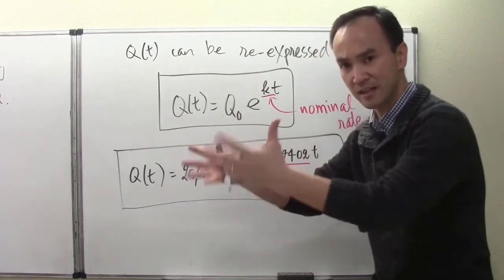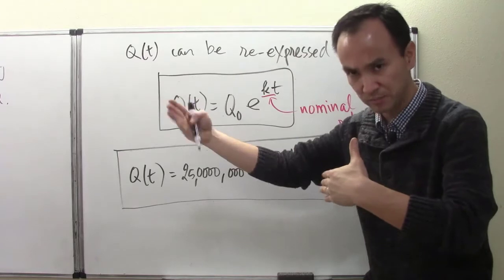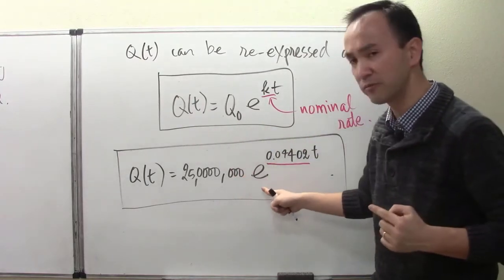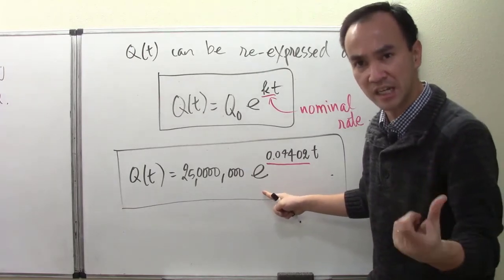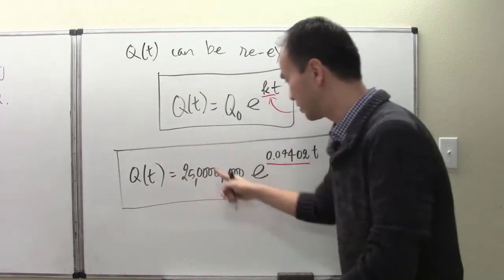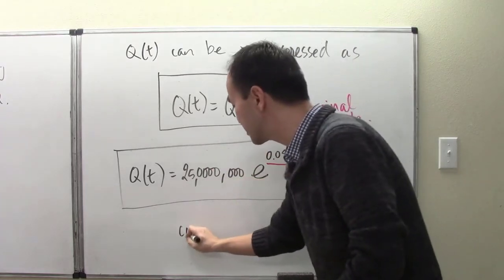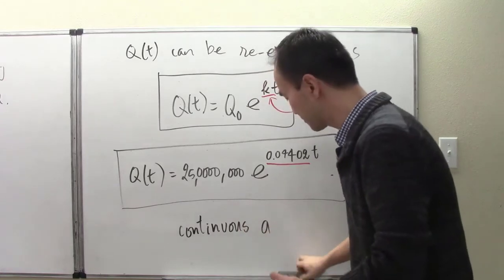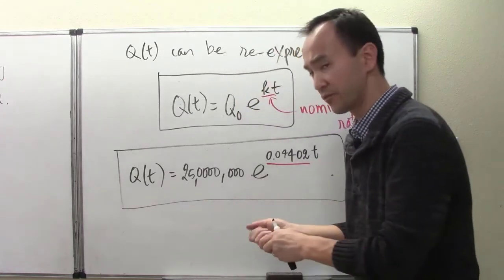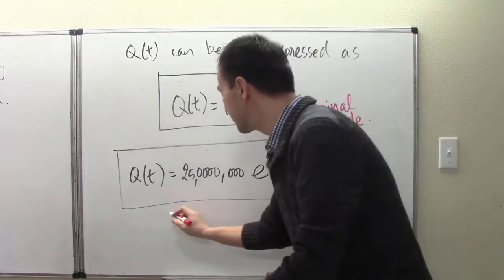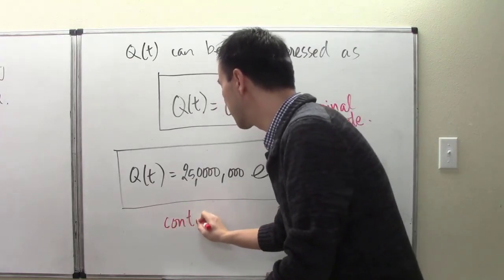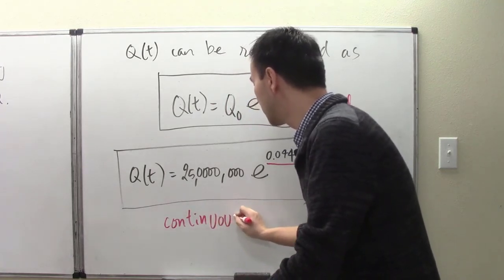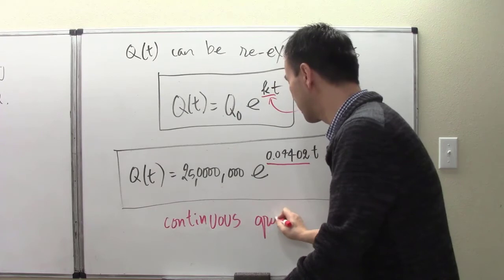So the process is always continuous, but the form of how we write the function, when we stick with base e and we see this form, we call this a continuous growth. This form right here is called a continuous growth.